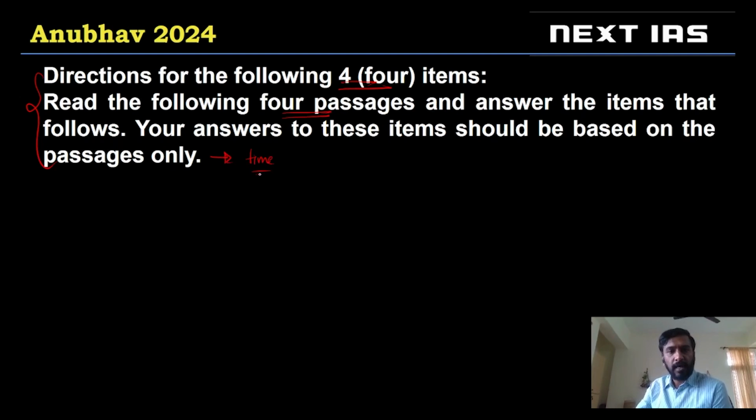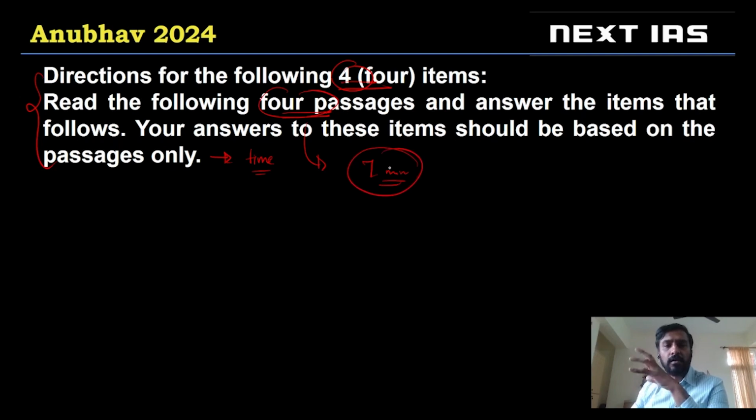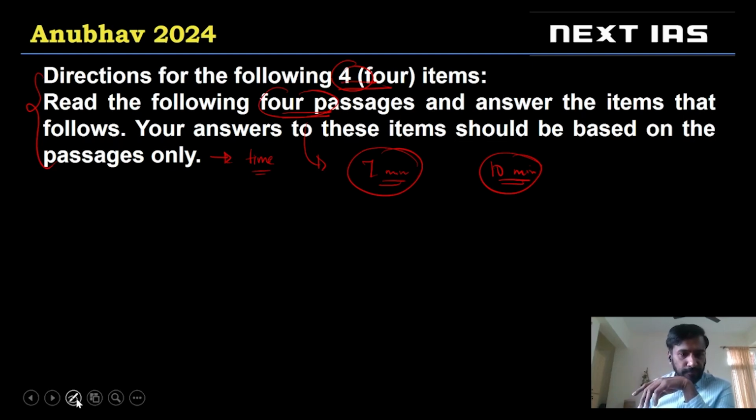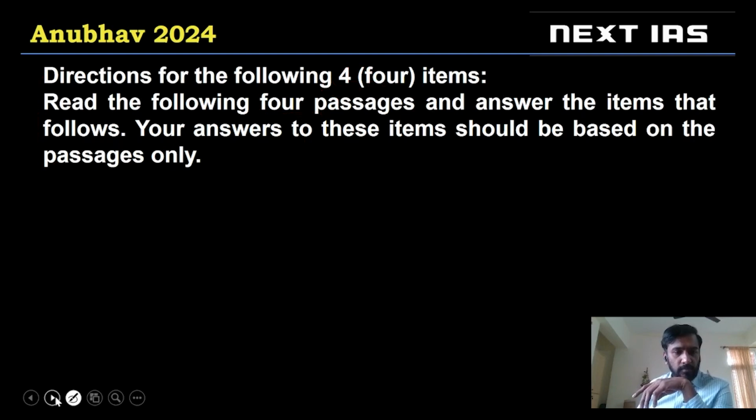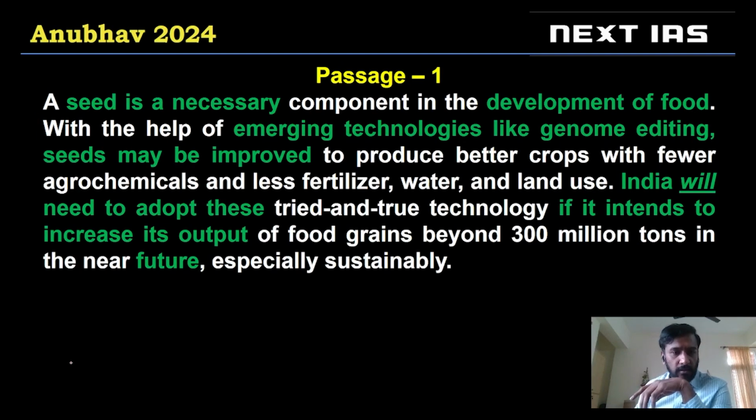Those of you relying partially on passages can skim through and decide which to solve and which not to solve, as you probably already do. These four passages, four items, we can expect to take around 7 minutes after practicing. Some of you may even do it quicker. Right now, even if you are taking 10 minutes, it's fine, but you need to practice and achieve something in between, around 8 minutes. Before we proceed, I'll just show you.